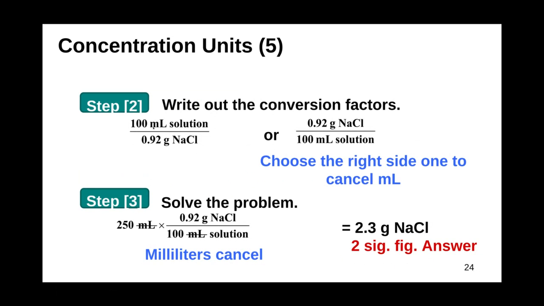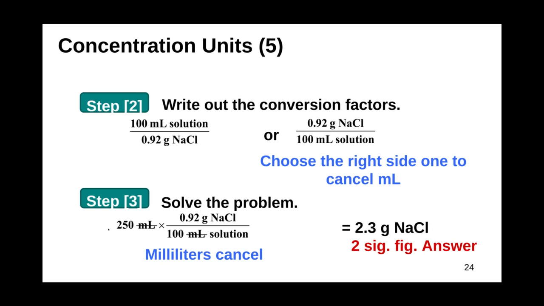So our conversion we know from our weight to volume equation we talked about previously. We have to write it out as 100 milliliters of solution contain this much sodium chloride, or there's this much sodium chloride in 100 milliliters of solution. Now we're going to choose the one on the right side here because we started off with 250 milliliters. We want to cancel milliliters out because we want grams. So we'll use this conversion factor.